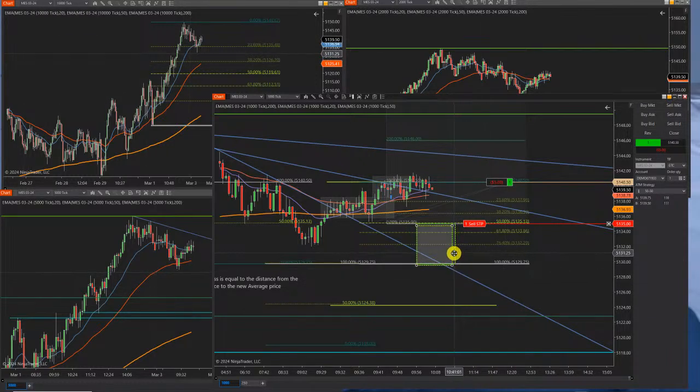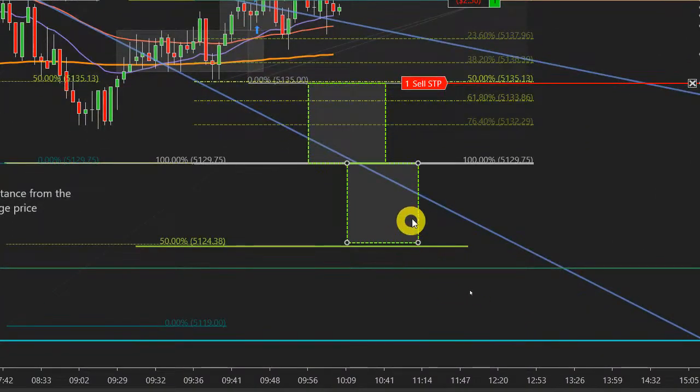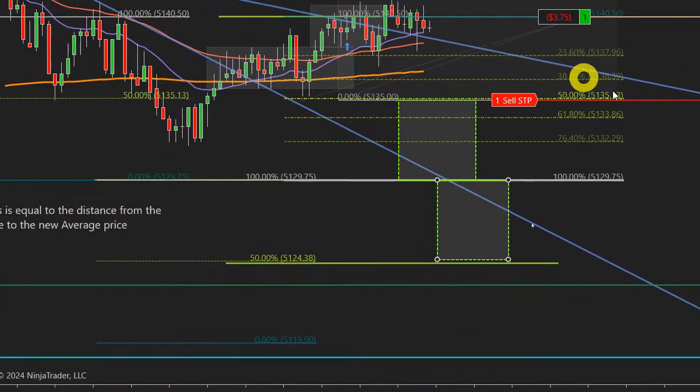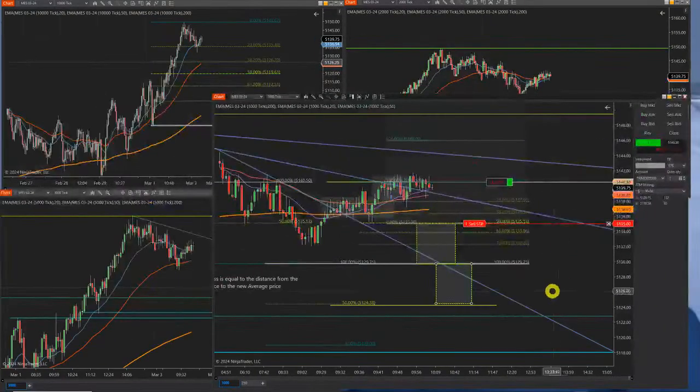Copy and paste. So yeah, stop loss would be here, and you have to get out because now you're holding two contracts instead of one. So that makes everything a little bit more tense.